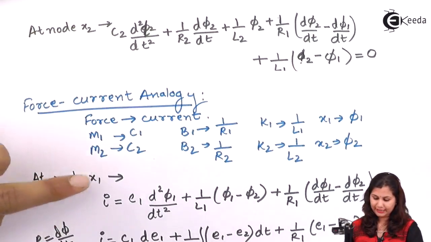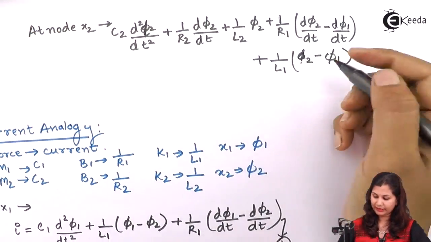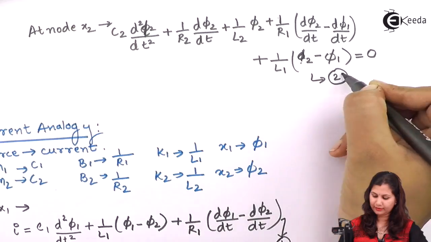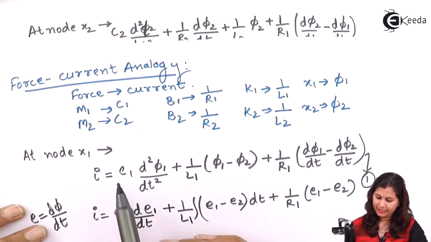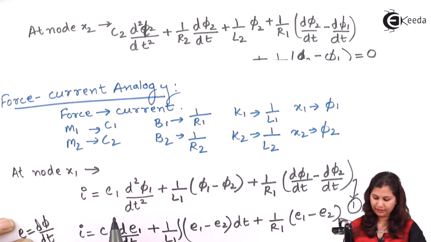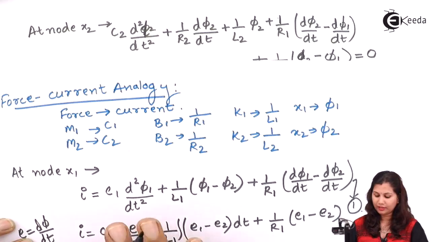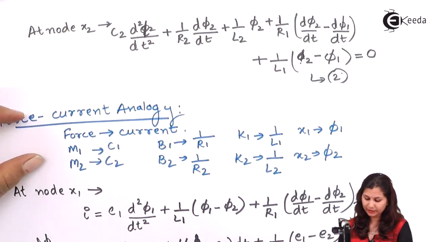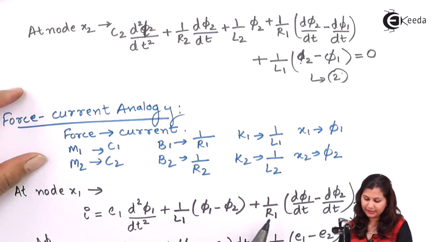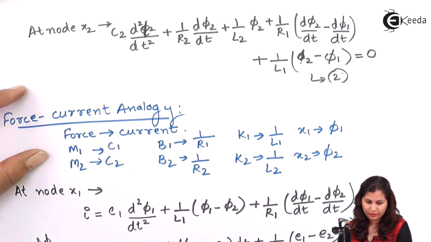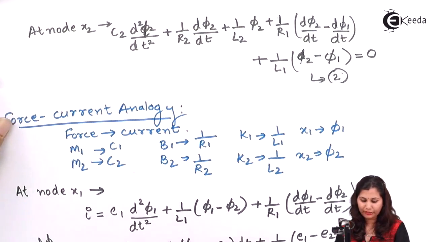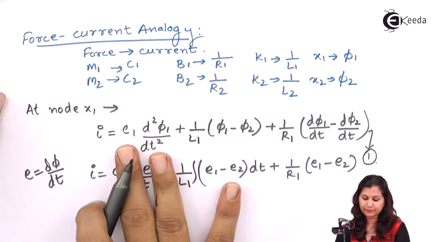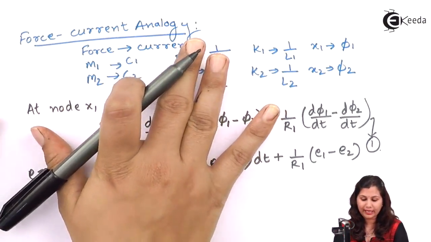So we have written the equations for both the nodes, at node x1 and at node x2. If we analyze these two equations, then we can interpret that C1 and C2 are associated with the first and the second loop only. We have difference in the case of the resistance and the inductance. Okay, so what we can do, we have to draw the analogous system using this force current analogy.